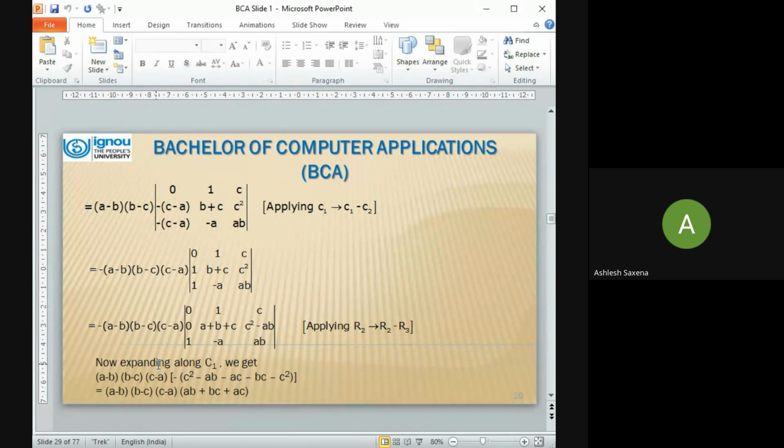So I will be opening it along C, the third one. Open it, you will get this answer: C square minus AB minus AC minus BC minus C square. Take anything common, C square minus C square gets cancelled. You are left with AB plus BC plus AC.